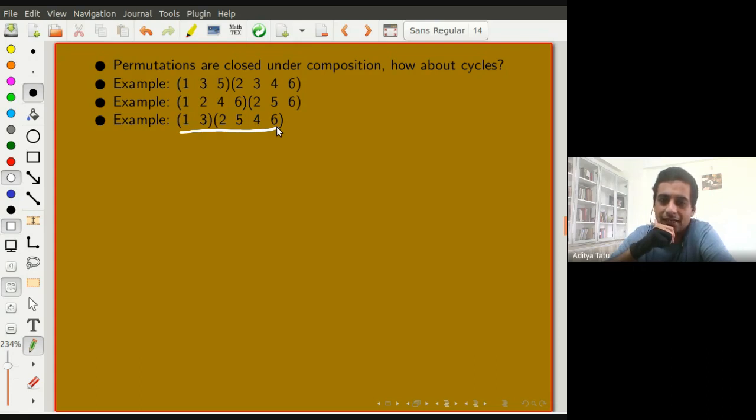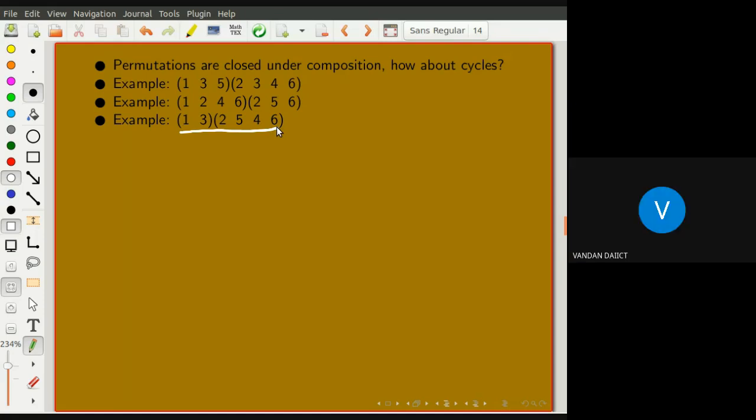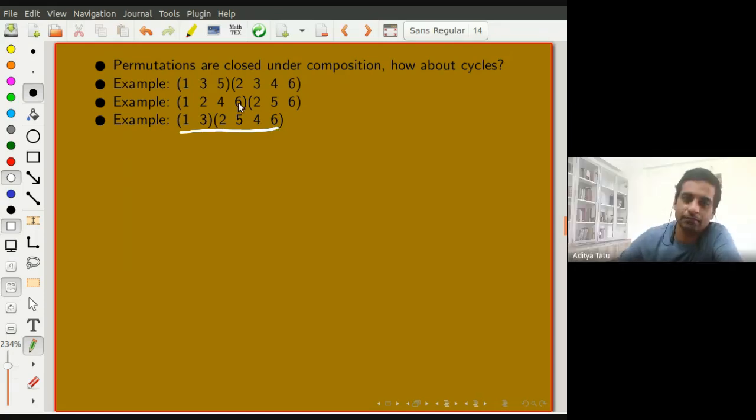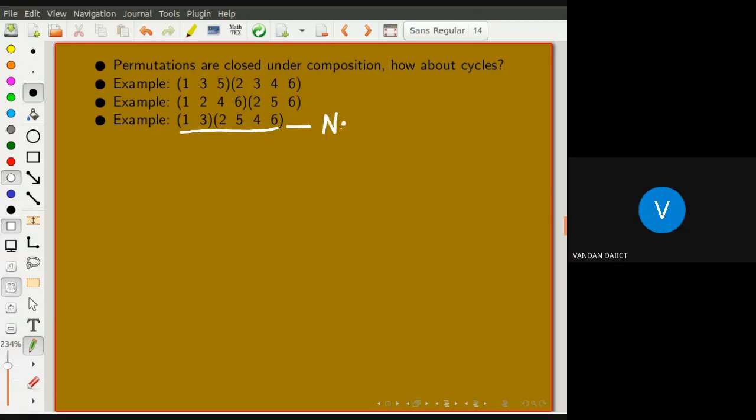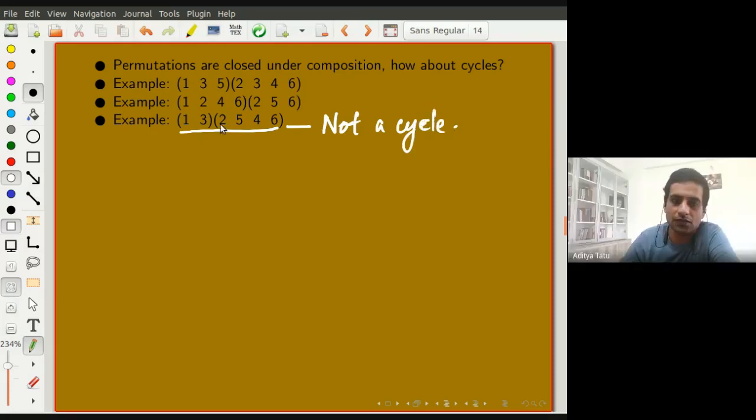Will it be a cycle? Again, the hint is you don't need to write anything. No, sir, it is not a cycle. Why? It contains two equivalence classes of more than one element. So my question is about the composition of these two permutations. If I call this sigma and this phi, will the composition be a cycle or not?